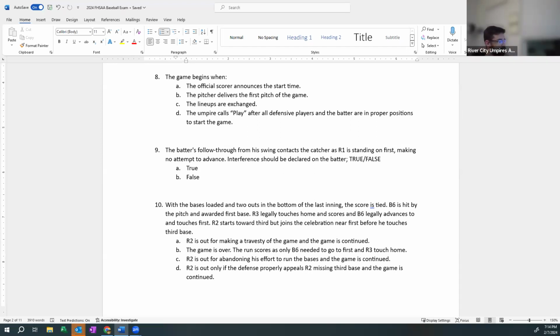Not 1, but 1 tells you how thick the foul line is supposed to be. So when does the game begin? It's rule 4. Hold on.